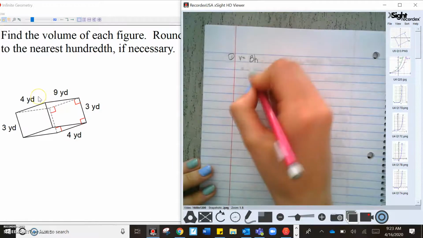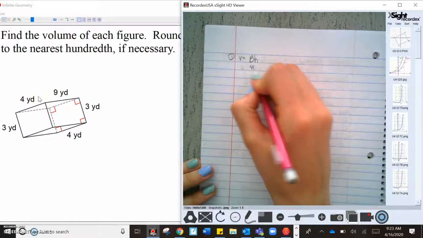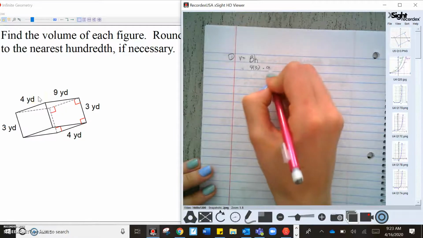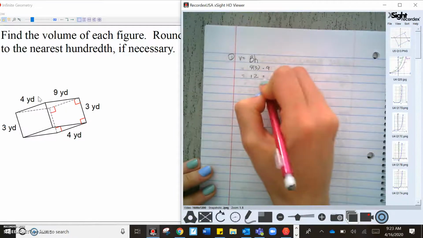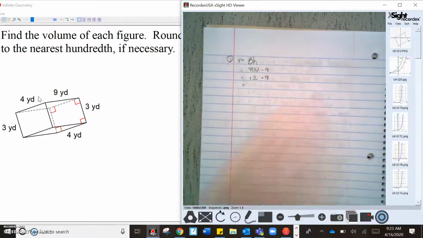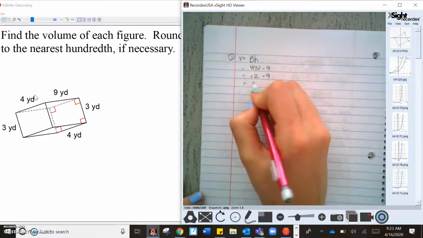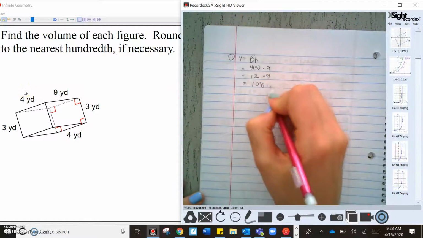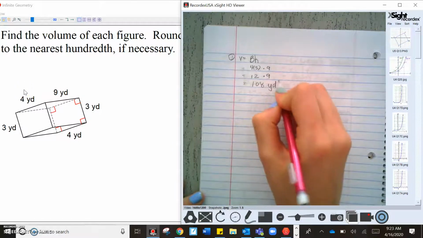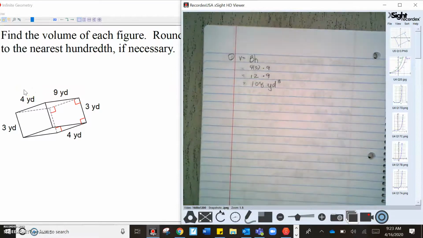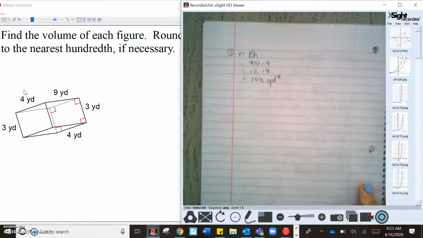So this is really going to be 4 times 3 times 9. So 12 times 9 is 108, right? So 108, and that's going to be yards cubed when we take the volume. Remember, your units are cubed when you're taking the volume.